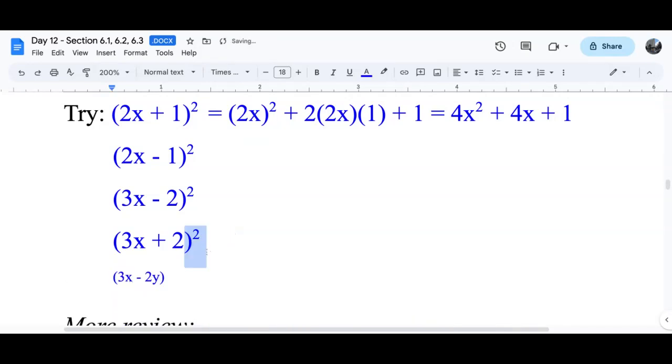Everyone try this for perfect squares. So we use 5 minutes also.